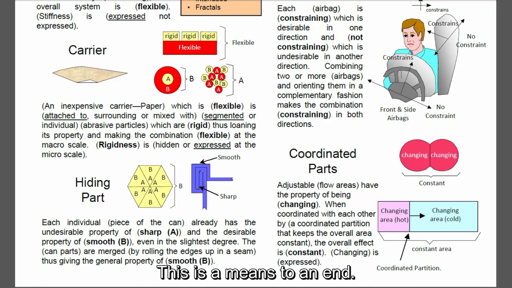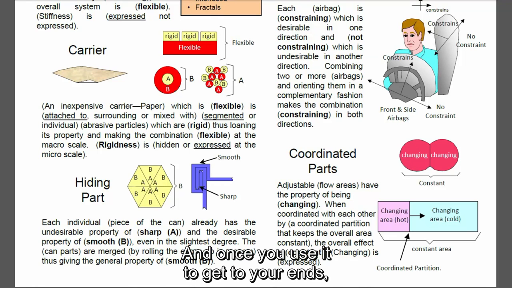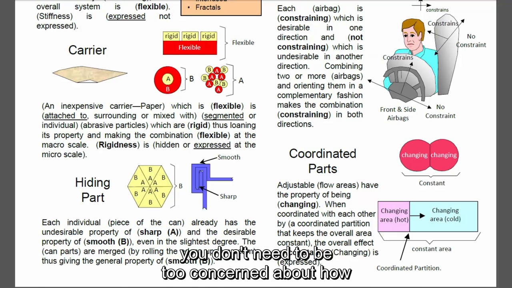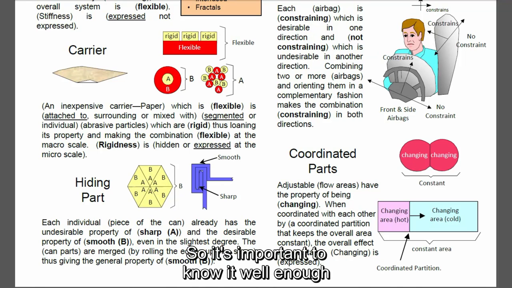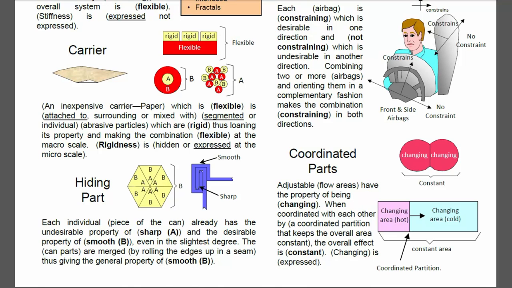This is a means to an end, and once you use it to get to your ends, you don't need to be too concerned about how you describe the particular principles you used. So it's important to know it well enough to know how to go through it, but not to worry about how exactly you describe the details of your pathway.